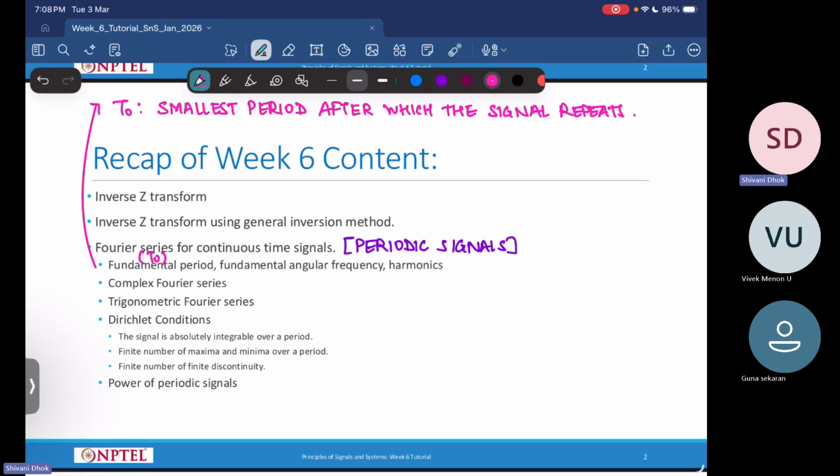Then we have the fundamental angular frequency, omega naught, which is related to T naught. It is given by 2 pi by T naught.